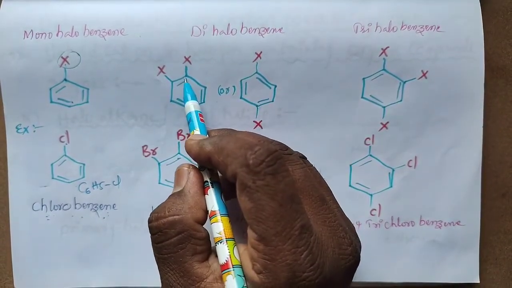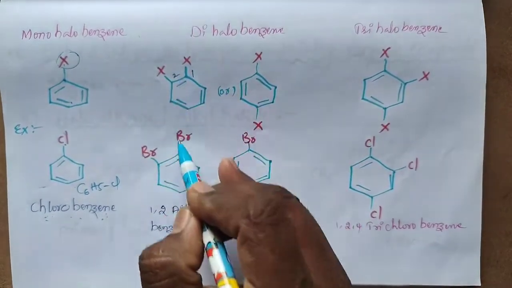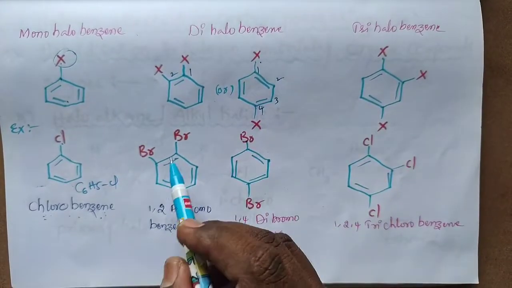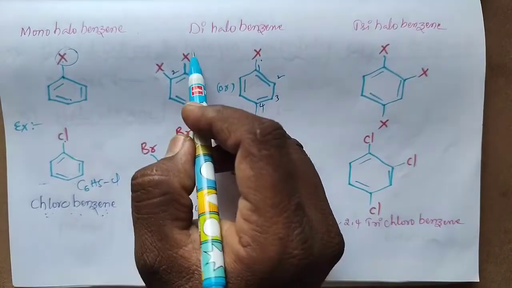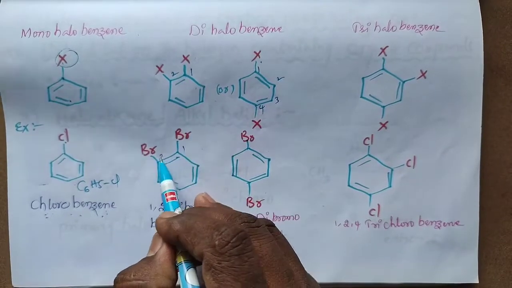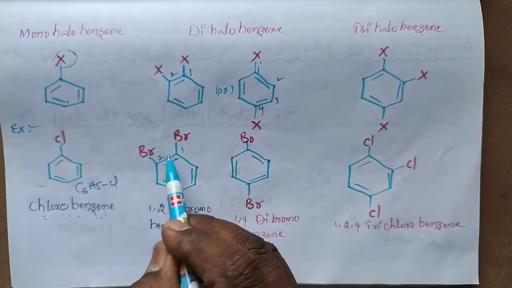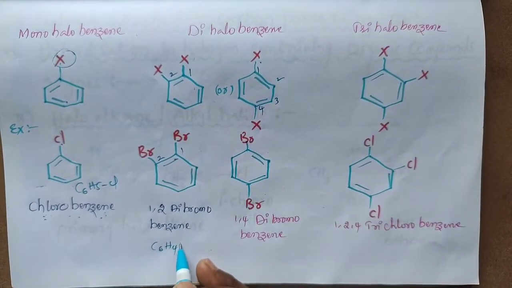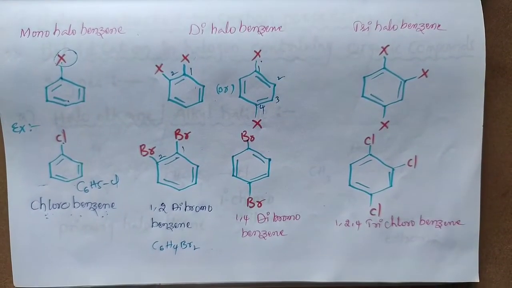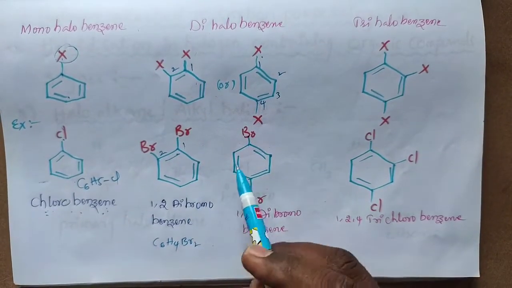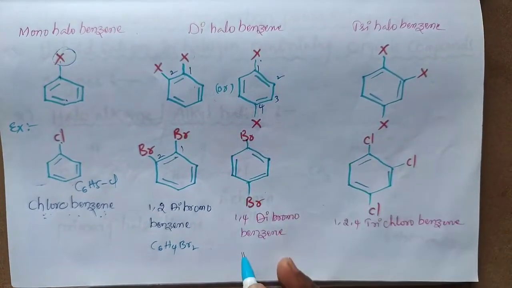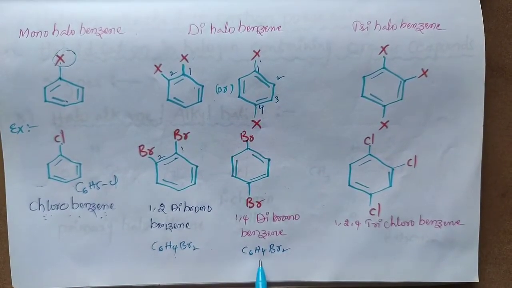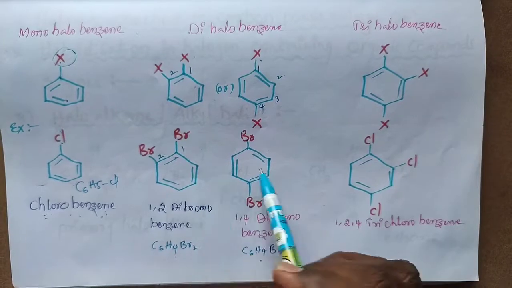You observe positions 1,2 and 1,4. For example, with bromine at positions 1,2, this is 1,2-dibromobenzene, C6H4Br2. The 1,4 compound is also C6H4Br2, the same molecular formula but a different structural arrangement.